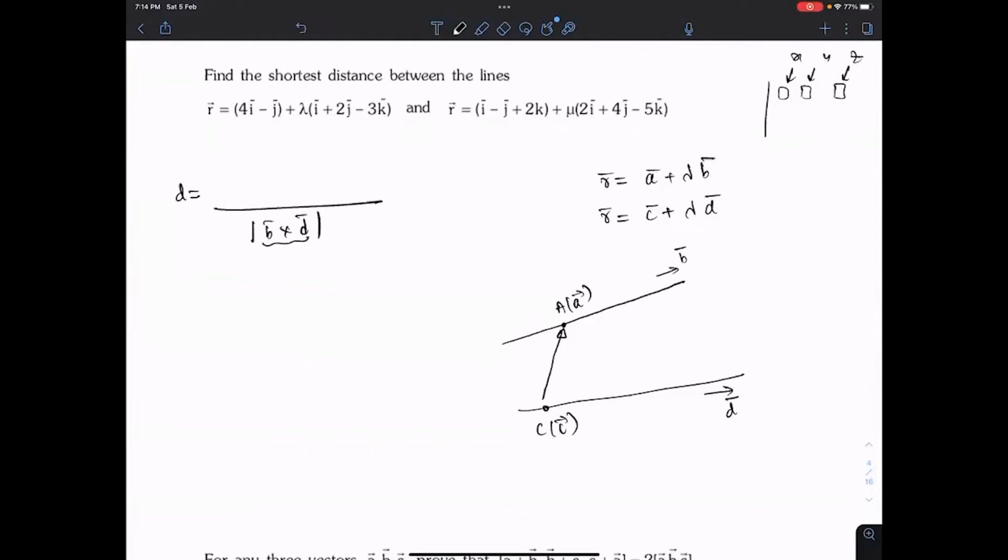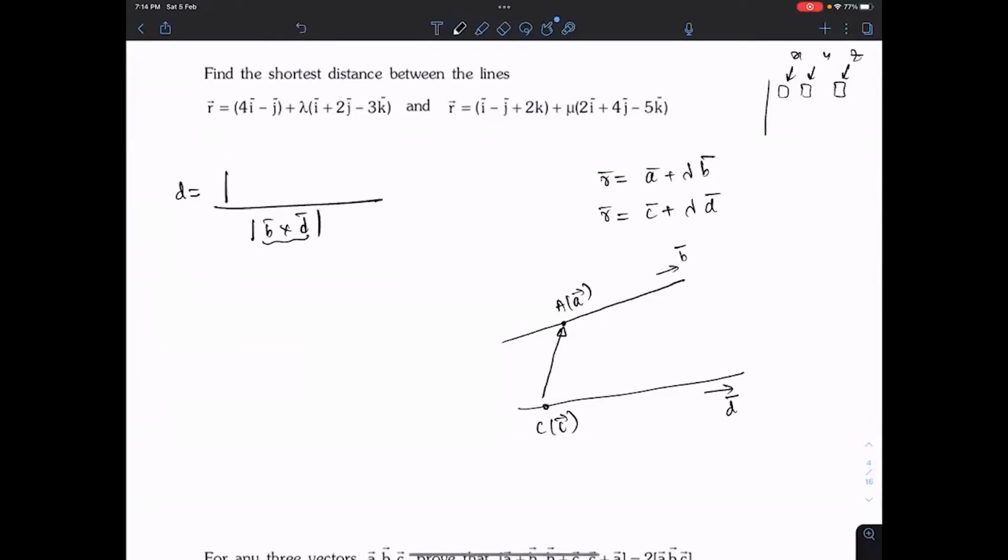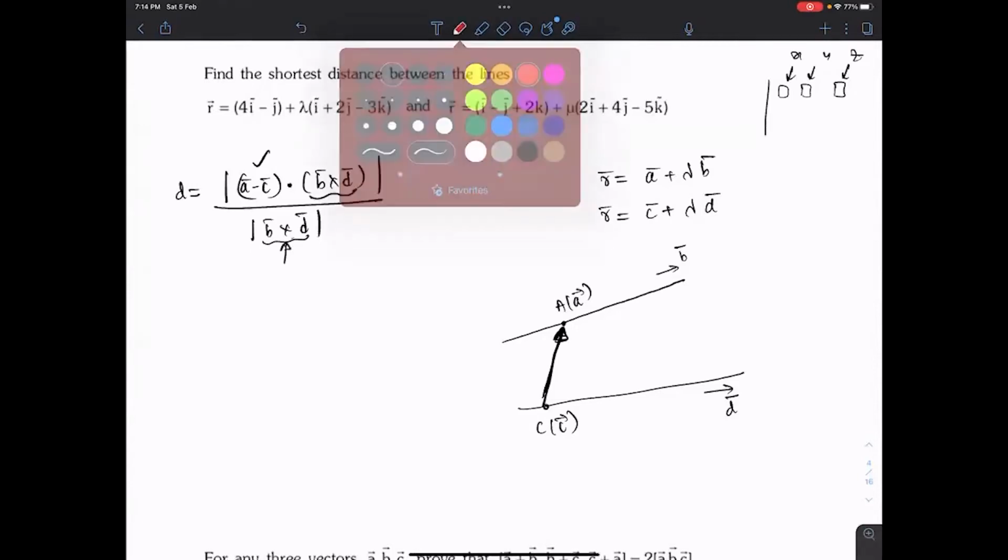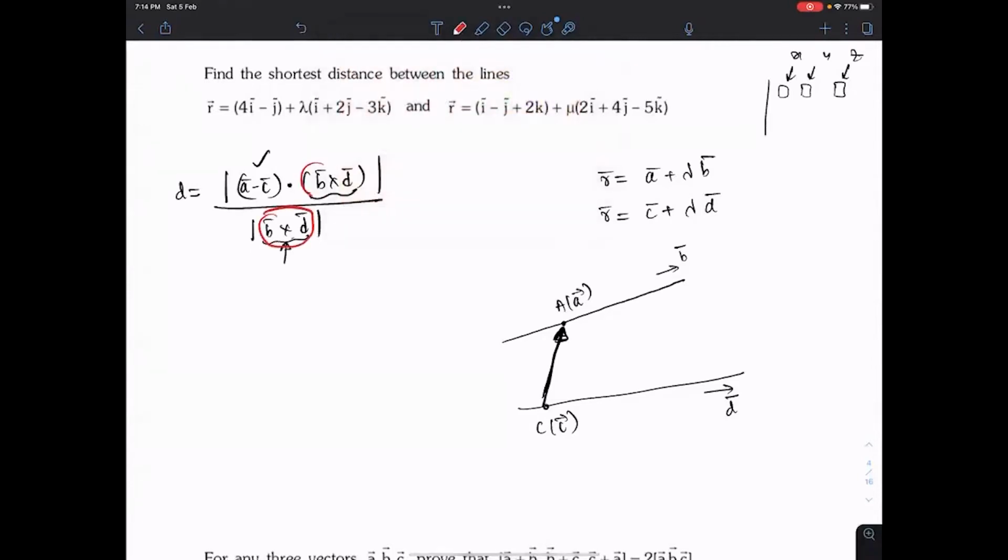After that, the numerator will be simply A bar minus C bar, and you do the dot product with B bar cross D bar. That's all. What is A bar minus C bar? Subtraction of 2 points on these lines, any 2 random points. B bar cross D bar you will calculate for the denominator anyway. So once you calculate this, you do the dot product.